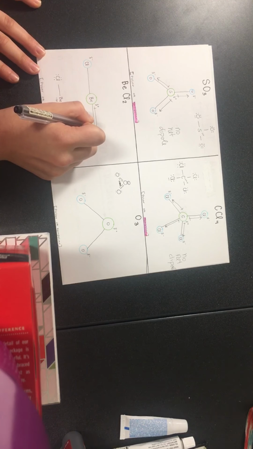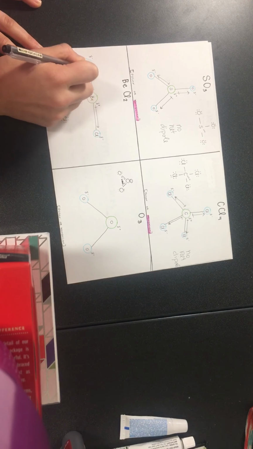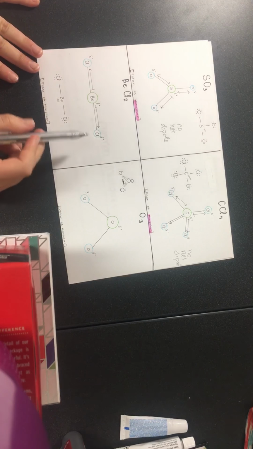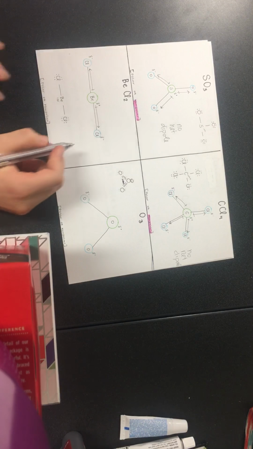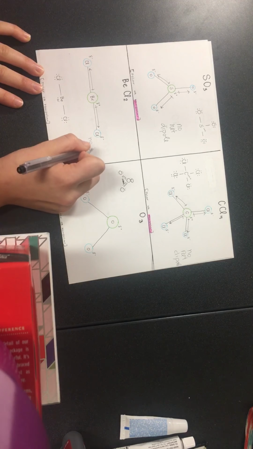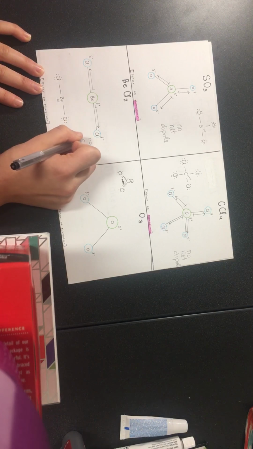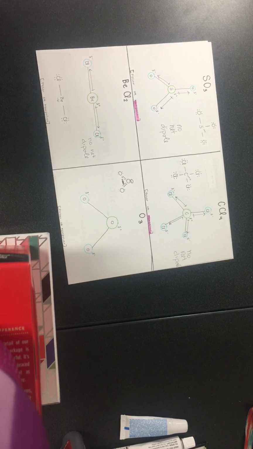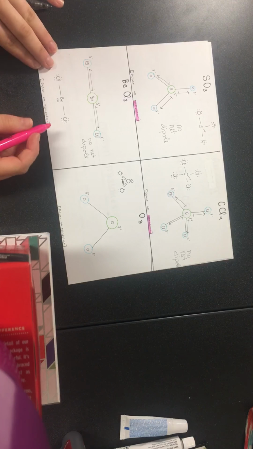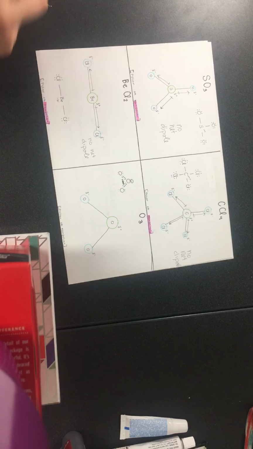Our net dipole cancels because our bond dipoles go in opposite directions with equal pull. So we have no net dipole here, because all the domains are on the same central atom, they pull in opposite directions, and they cancel. So this one is nonpolar.